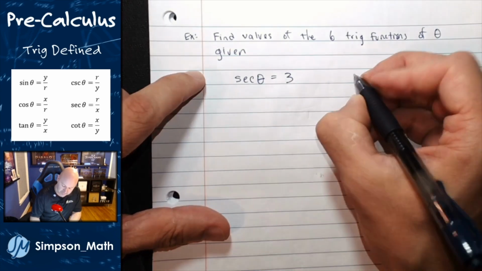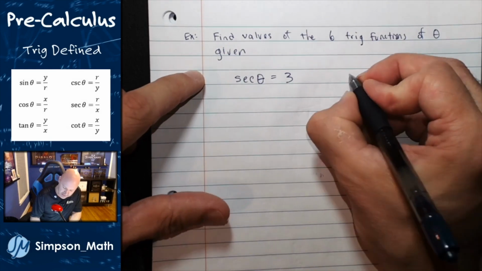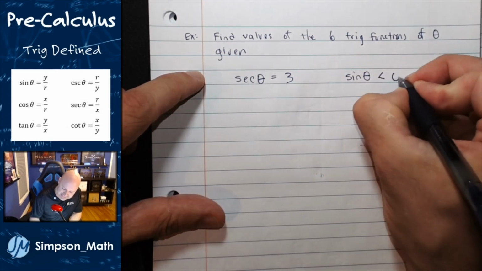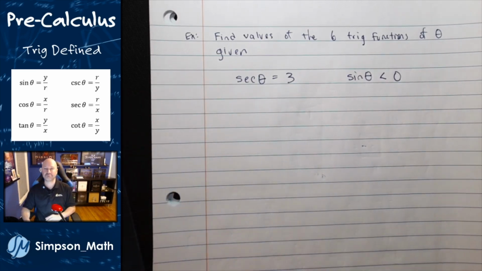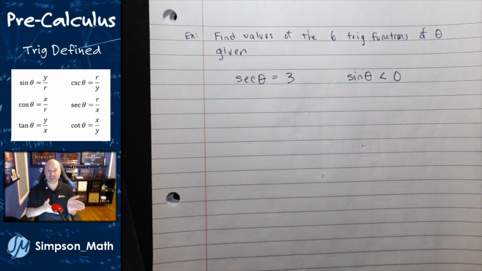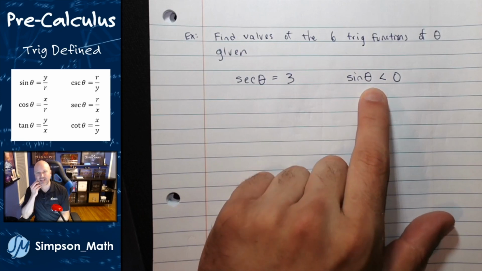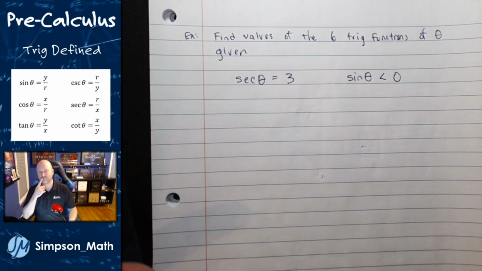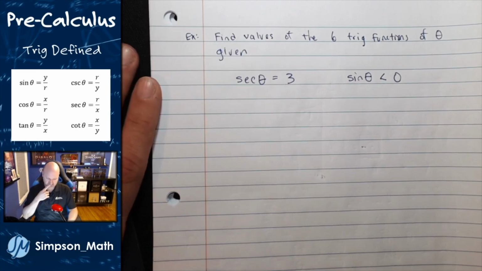Secant is 3. And we happen to know that sine of theta is less than 0. All right. We were given one of the answers, which I think I could reciprocate to get cosine. So I have 2 of the 6 values. But to find the other 4, the only information they gave us was that sine is negative, or sine is below 0. It's interesting.